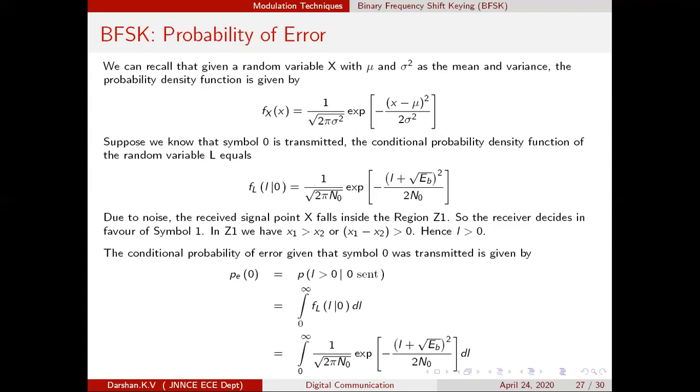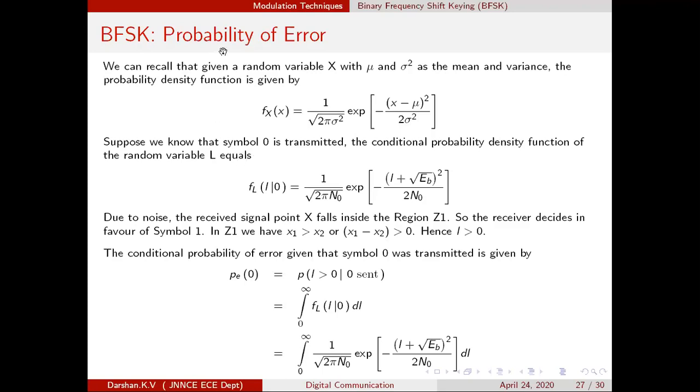We are going to calculate the error probability based on probability density functions only. The first formula which has been written is for recalling, so let us not concentrate on it currently. We will concentrate on this particular statement.